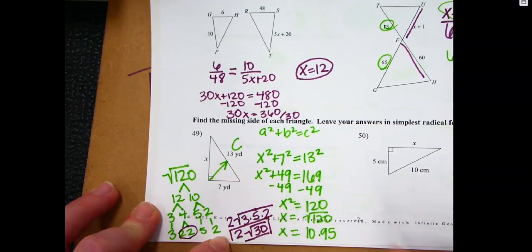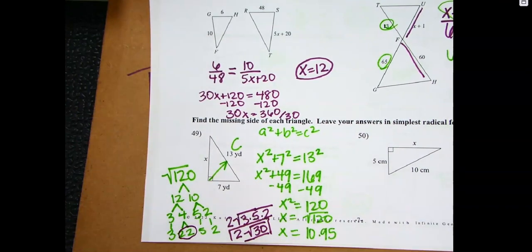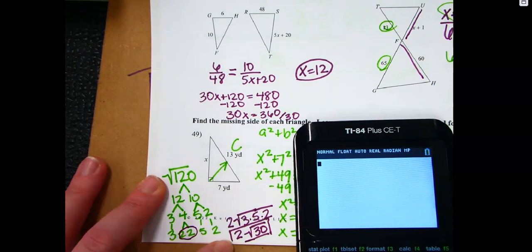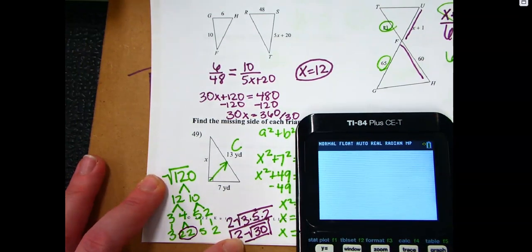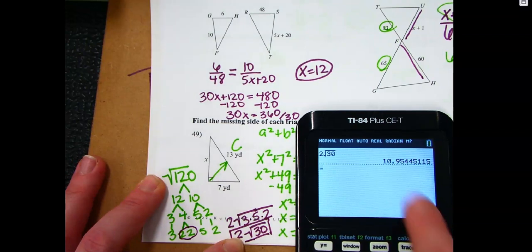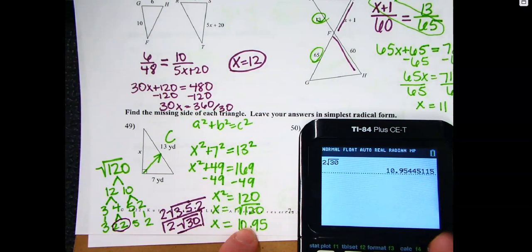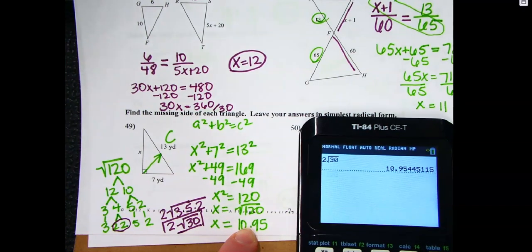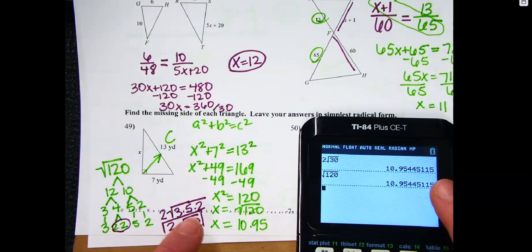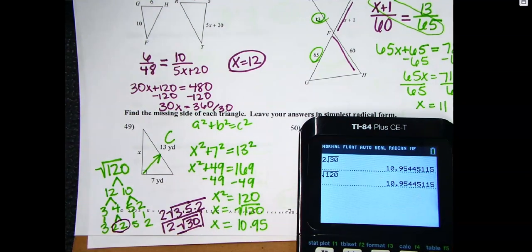But if you're not sure how to do that, just take that answer choice, 2 square roots of 30, and you're still going to get that exact same decimal. So you could just simply match the decimals and not worry about having to do the simplification. It's totally up to you, whatever you want to do.